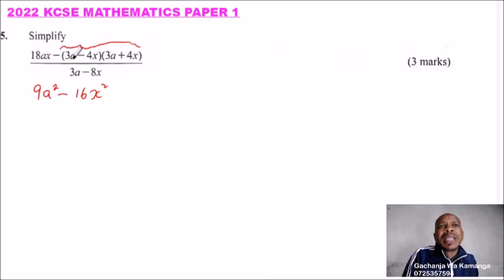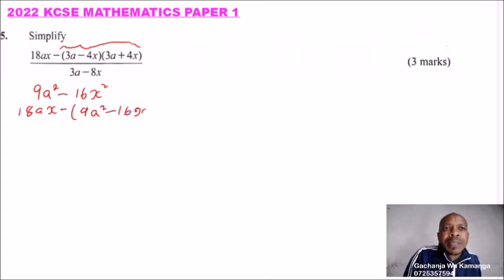So that's what you get out of this. So we combine now and say 18ax minus, because of this minus here, 9a squared minus 16x squared. All this is divided by 3a minus 8x.